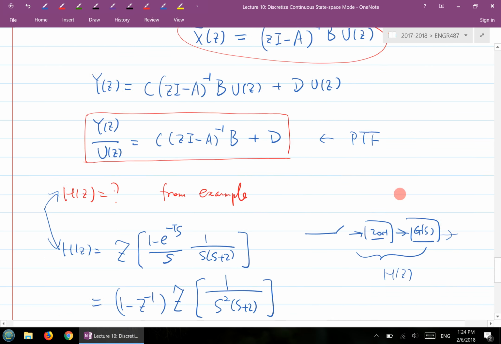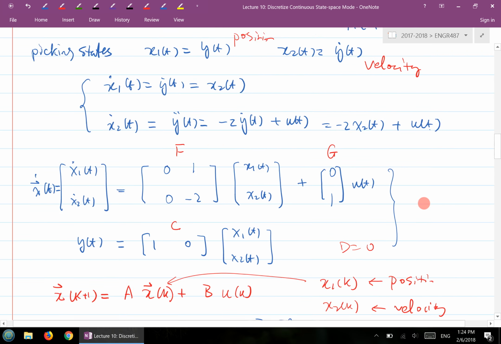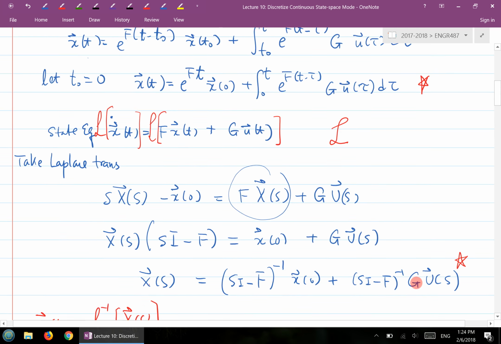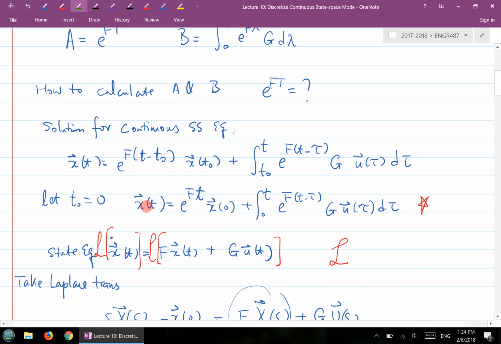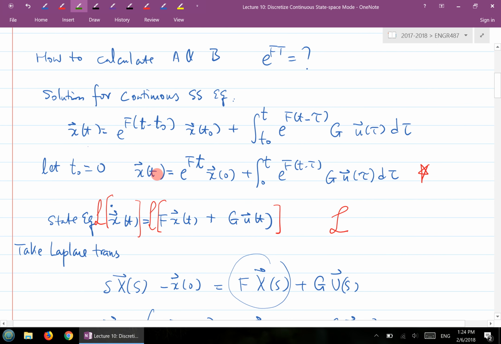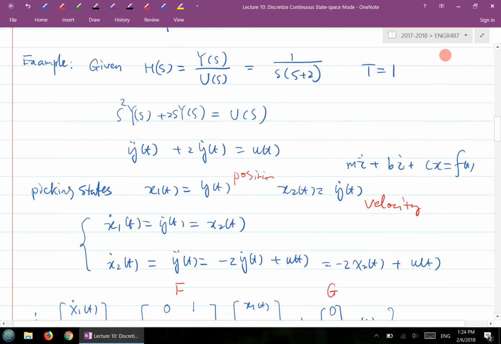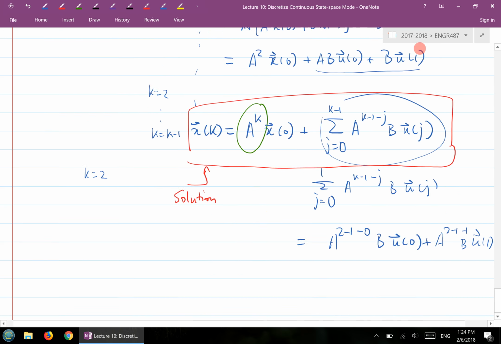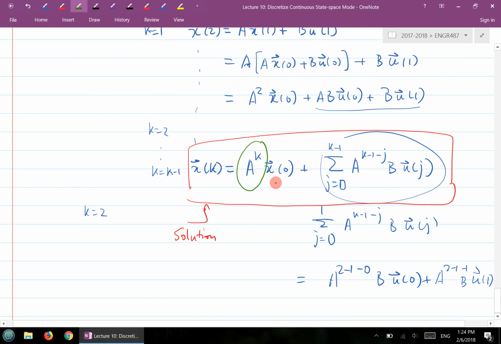Now, if you recall, for the continuous system, what was the solution again? Let's look at this one here. So x of t equals this one times this, right? Remember that e to the power F of t is called the transition matrix. The transition matrix essentially means you have the initial condition x of 0, and how does that initial condition transition into the current state?